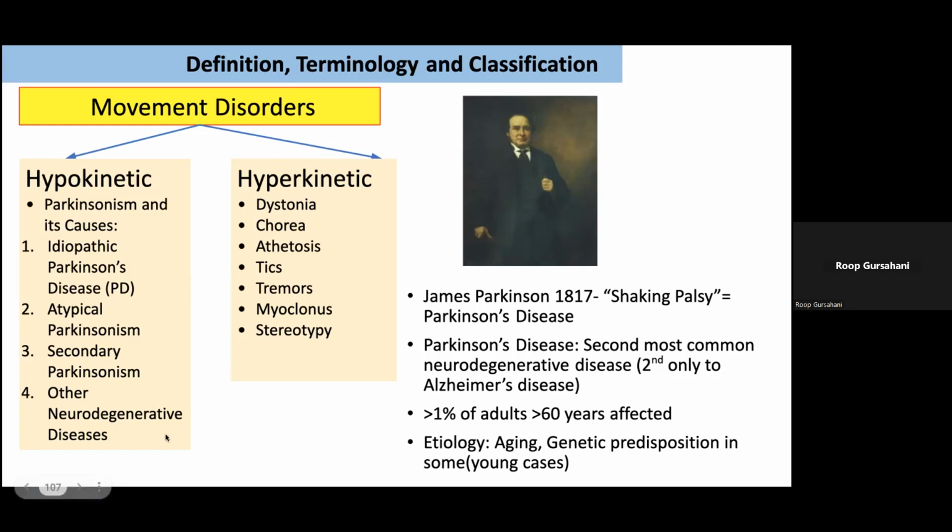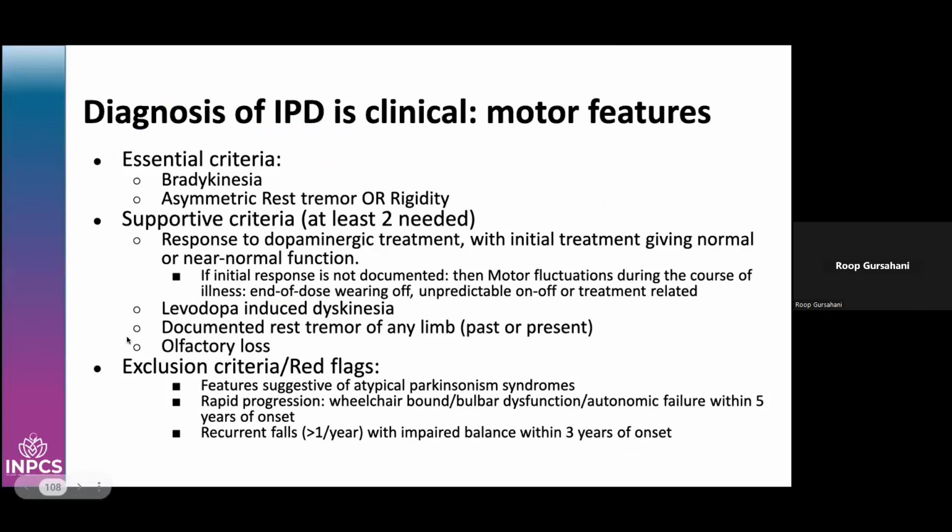The etiology, of course, has some amount of genetic predisposition, and we have to understand that. The essential criteria are slowness of movement, bradykinesia, or asymmetric rest tremor, the tremor in which their arms are at ease and they start to show this tremor.